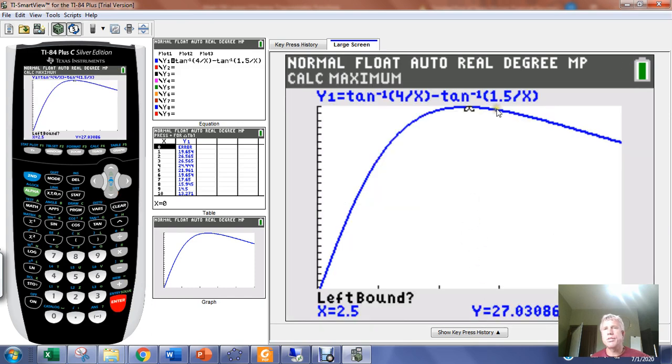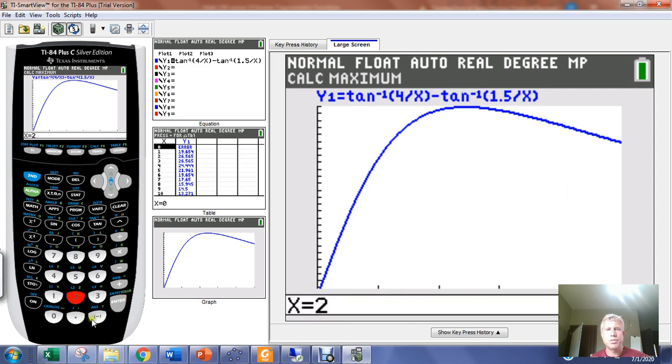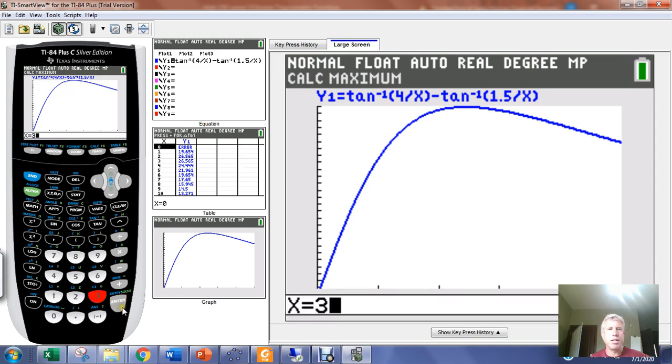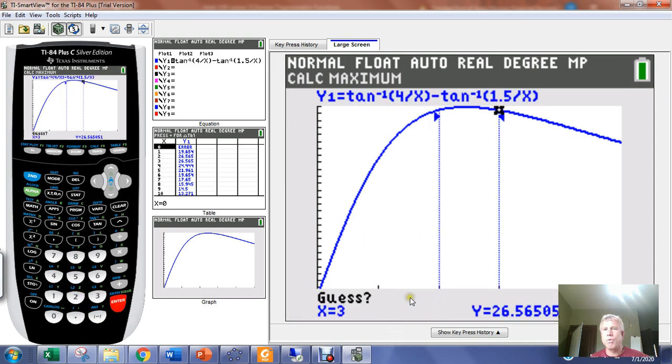And then the calculator is going to ask me to give a number that's to the left and to the right of that maximum. So 2 looks like it's to the left. So I'm going to guess that 2 is to the left and hit enter. And I think 3 looks like it's to the right of the maximum. So I'm going to hit 3 and press enter. And then it wants a guess.